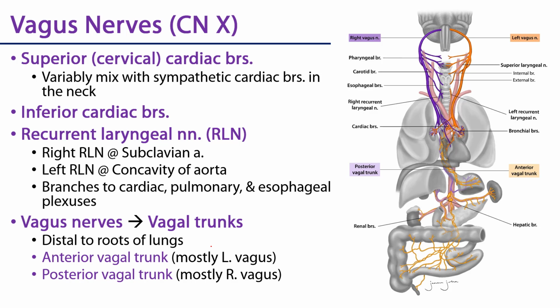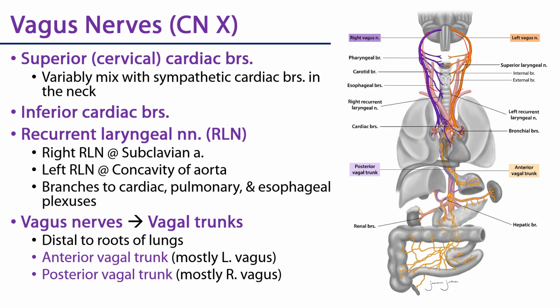The vagus nerves, and we've seen this before, there will be superior cardiac branches coming down with the vagus nerves in the carotid sheaths, descending the neck. There will also be inferior cardiac branches at the base of the neck, towards the root of the neck.